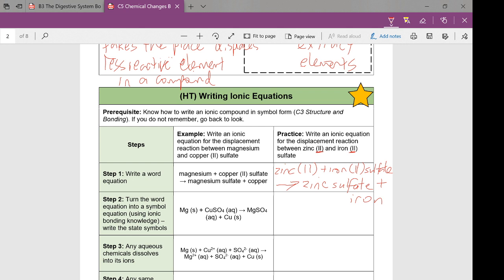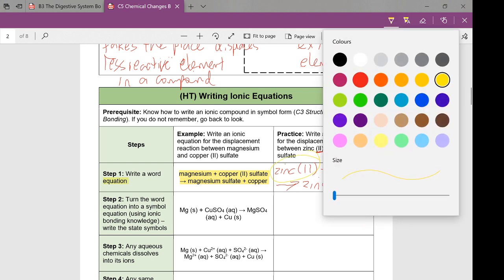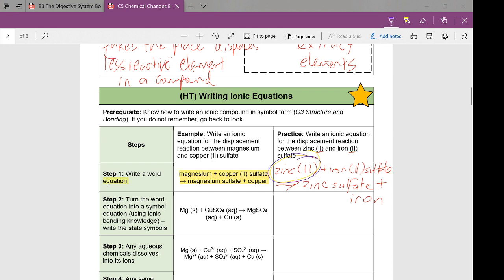So basically, we have the more reactive element, which bullies out the less reactive element, takes away its bond, its partner, and now left all on his own is the less reactive one. Okay, so that is my word equation, my main structure that I'm going to work with.